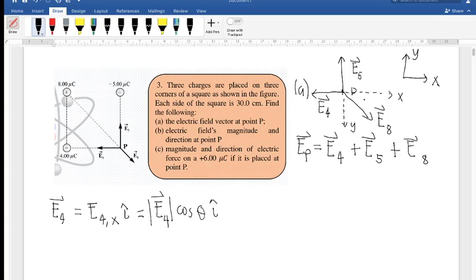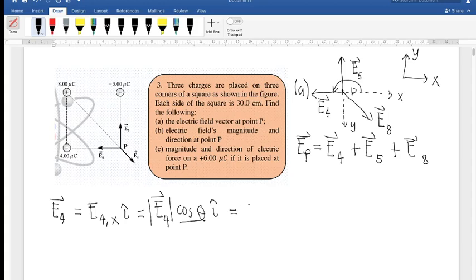So here it is from the positive x-axis, tapos we have to make a conventional measurement angle, so that is equal to 180 degrees. Then the cosine of 180 degrees is equal to negative 1. So we can just put the negative 1 in our i hat to completely describe our electric field vector 4.